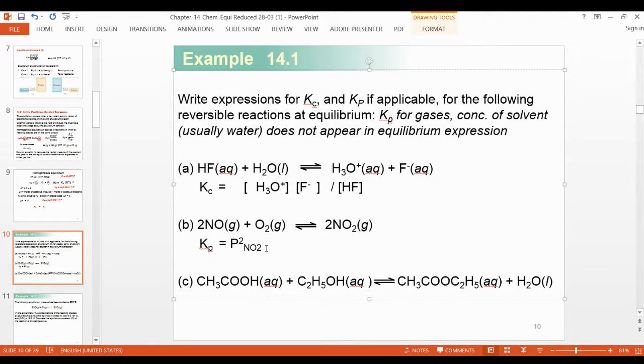Is it clear now? P divided by the concentration, means capital P, of NO. This is coefficient 2, so I will write 2 here, and NO I will write here, just a minute.